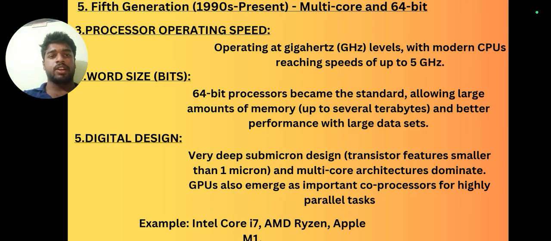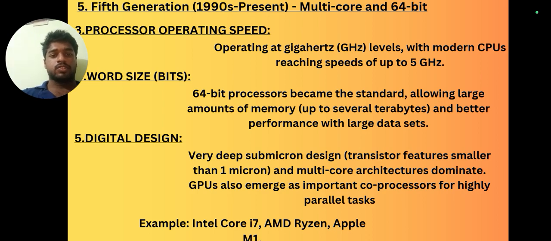Operating speed of this generation of computers is in gigahertz, with modern CPUs reaching speeds of up to 5 gigahertz. In bit size, 64-bit processors became standard, allowing large amounts of memory up to several terabytes and better performance with large data sets.